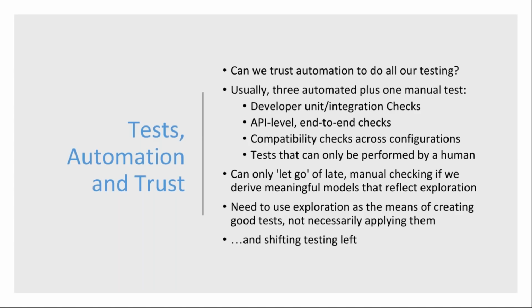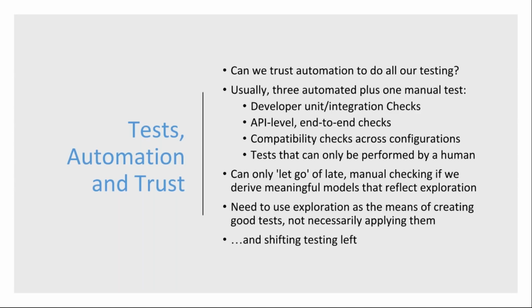So if we are to trust automation to the degree that we are fully automated in the pipeline from commit from the developers through to delivery into a production environment, if we're going to trust automation to make those transitions in an automated way or an autonomous way, let's say, we have to get our head around the problem of modeling the problem so that a tool can execute tests in that way.